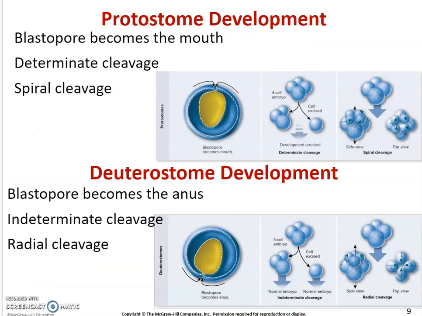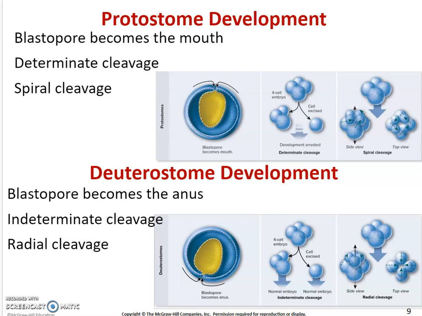Our bilaterally symmetrical organisms develop in one of 2 ways. Either they have a protostome development or a deuterostome development. And the protostomes are, as they are cleaving in their blastula, they form a blastopore that becomes the mouth first.